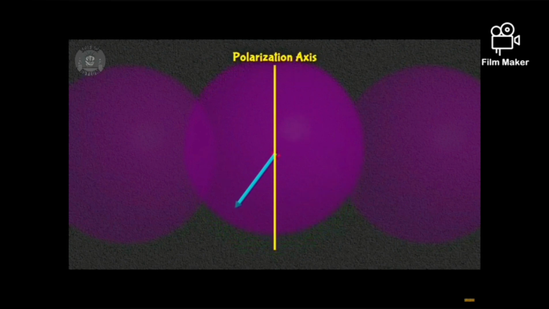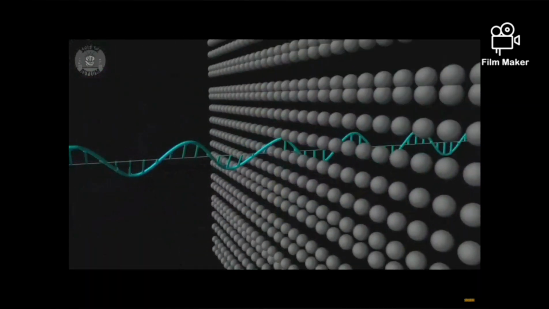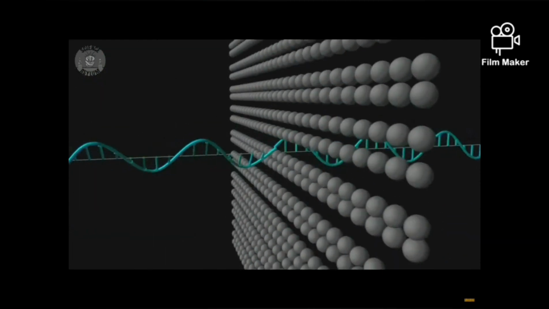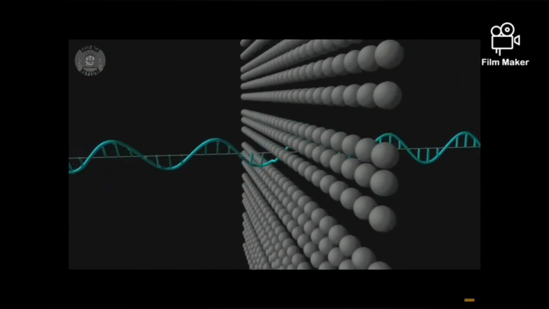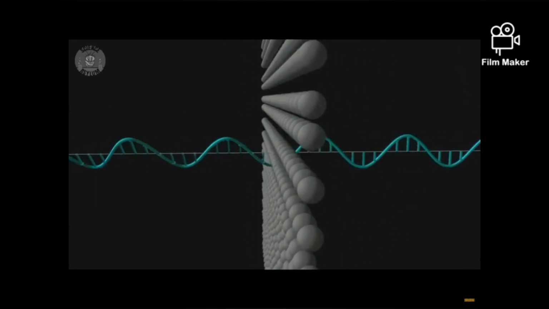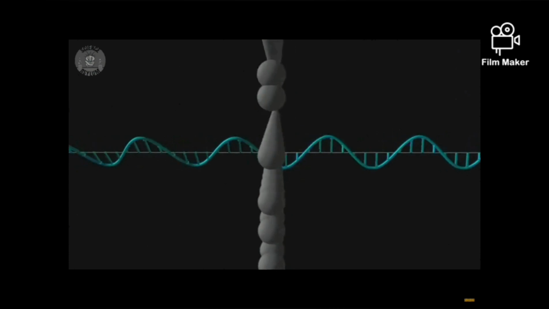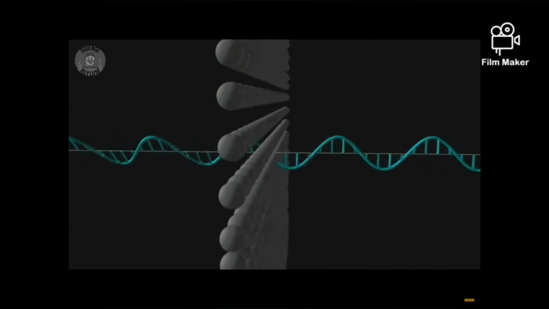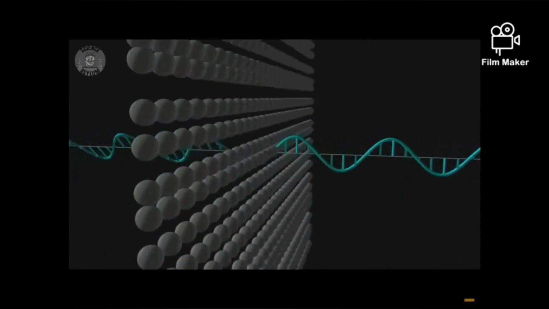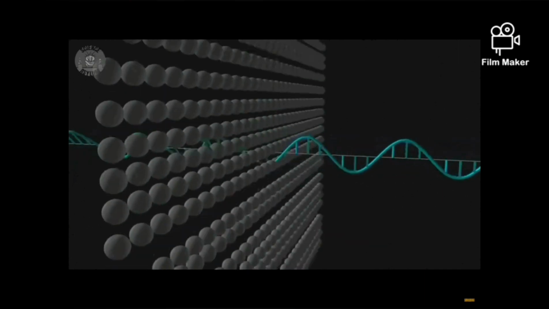I know this is overwhelming, but hold on. The acceleration of the electron in the atom will generate the outgoing light. And because the acceleration of the electron was only in one dimension, the polarization axis, the emitted light is polarized. And we get polarized light.